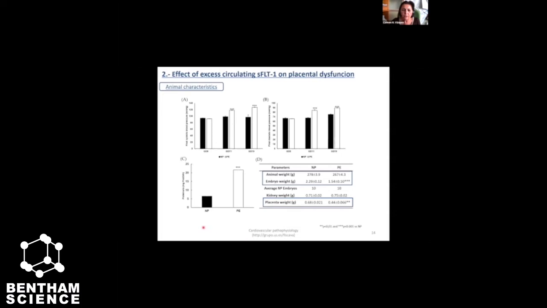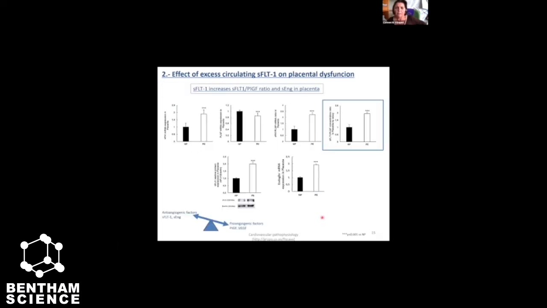In addition, an increase in urinary protein excretion was observed in preeclamptic animals when compared with normal pregnant. When we measured the fetal and placental weight, we found a decrease in fetal weight and a decrease in placental weight.